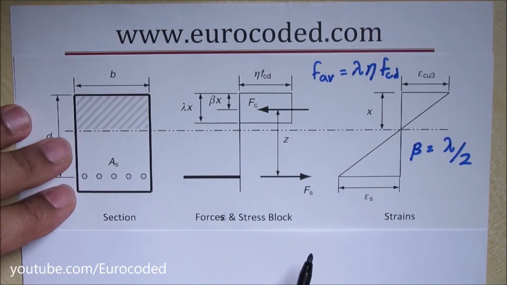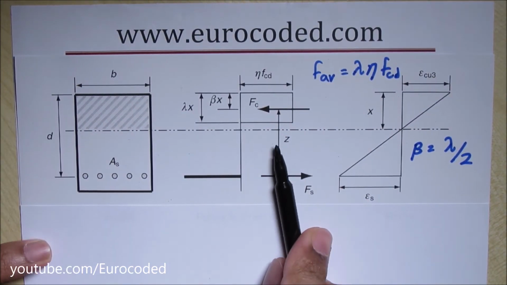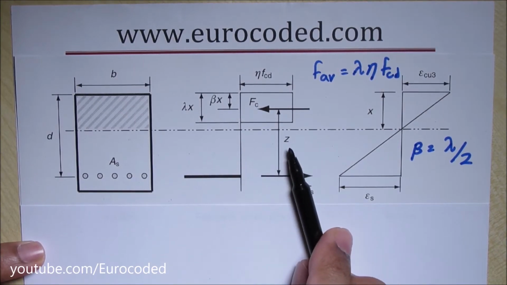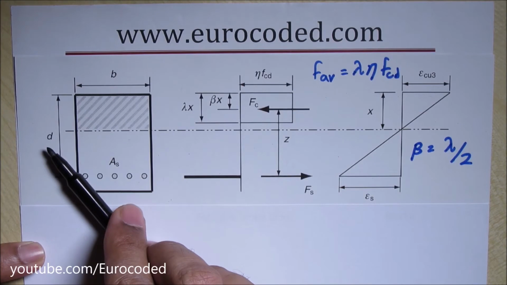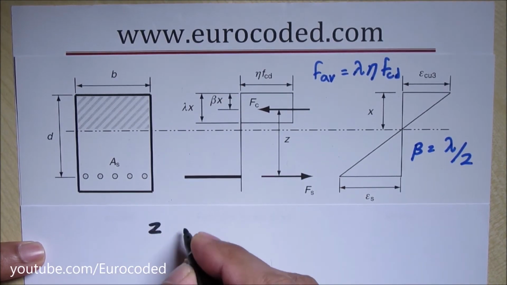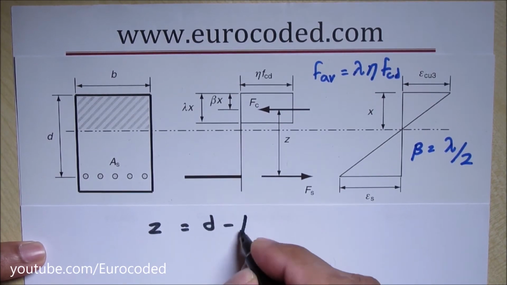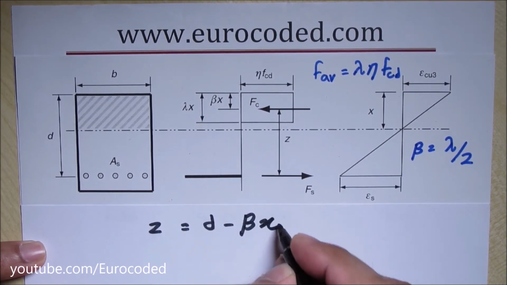Based on these forces and stress block diagram, we can develop a relationship between Z, effective depth D and beta x. We can write Z is equal to D minus beta times x.